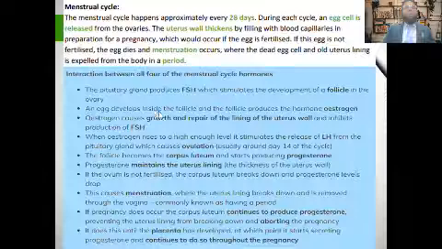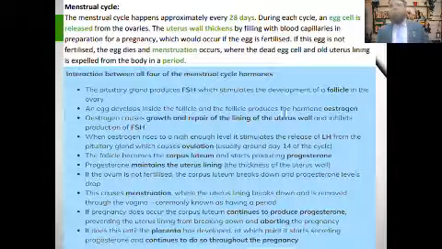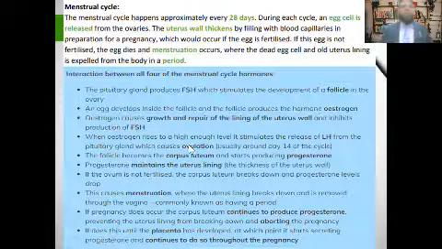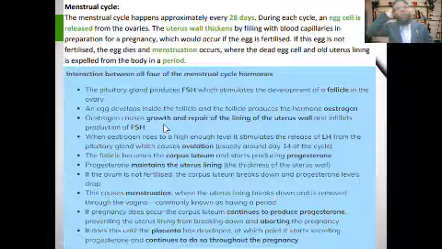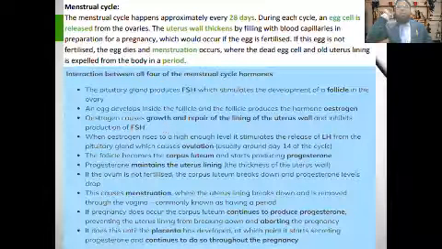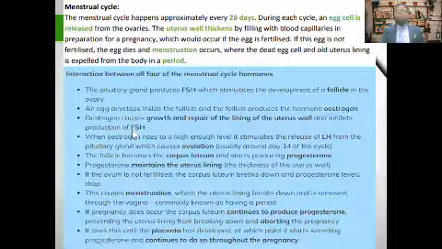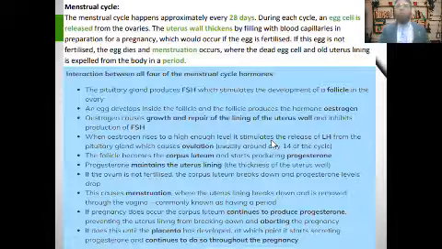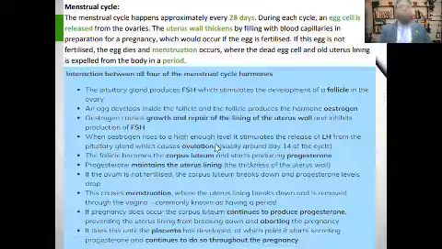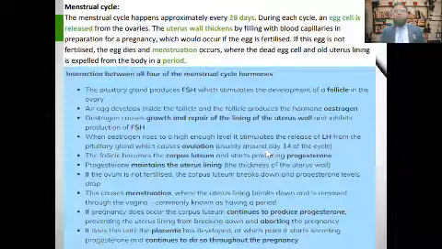An egg develops inside the follicle and the follicle produces the hormone estrogen. Estrogen causes growth and repair of the lining of the uterus wall and inhibits the production of FSH. When the estrogen rises to a high enough level, it stimulates the release of LH, luteinizing hormone, from the pituitary gland, which causes ovulation, usually around day 14 of the cycle.